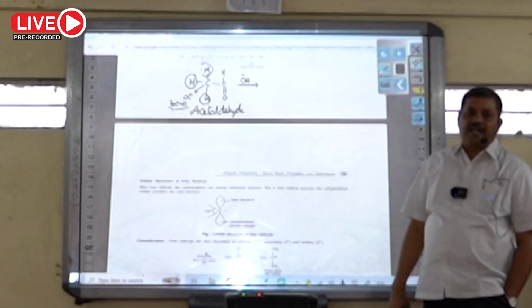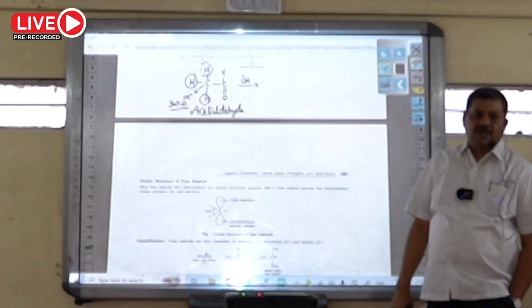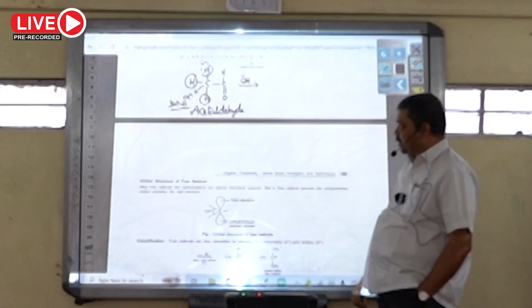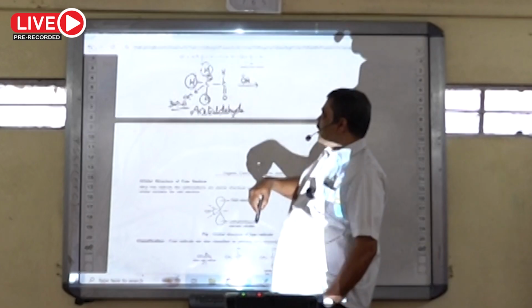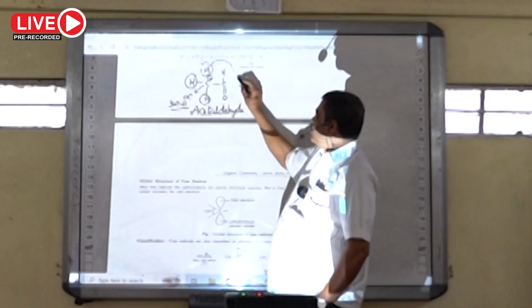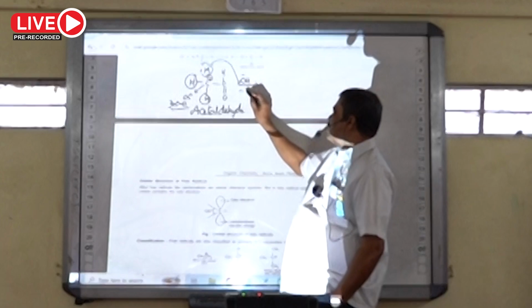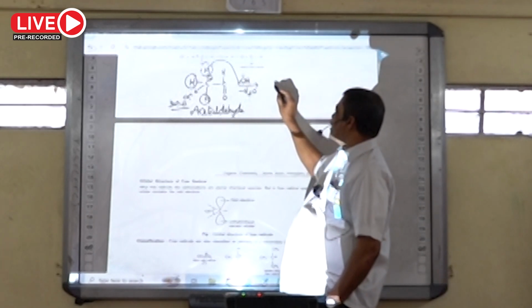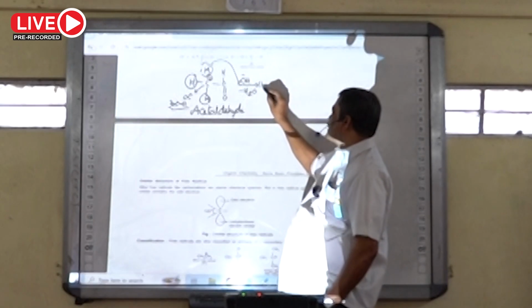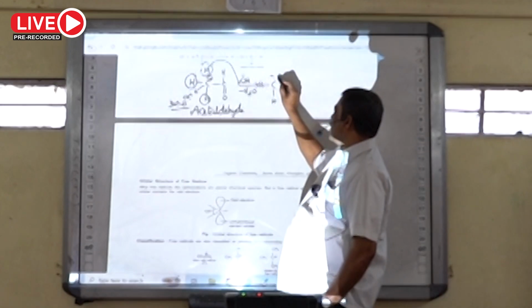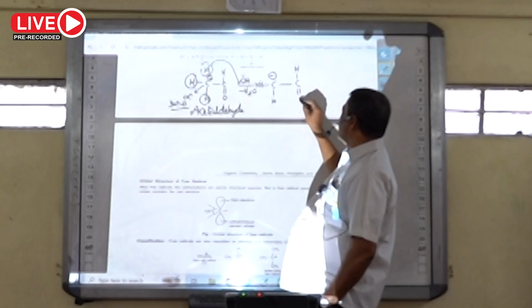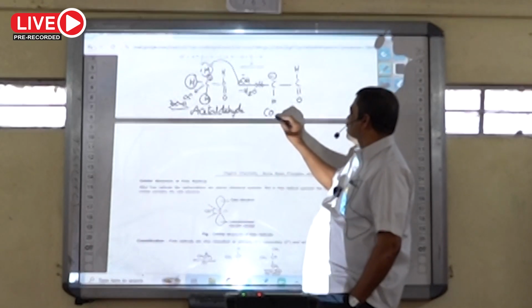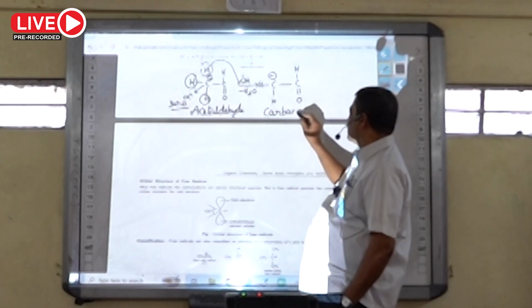So when you add a base, the base wants to remove the alpha H in the form of H plus. The H gives the entire bond pair to carbon and is removed by the OH minus in the form of water. Then ultimately what you will get is CH2 minus, CH double bond. You will get a carbanion.